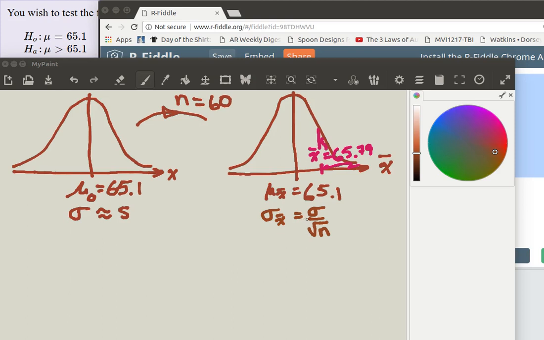Now, our problem is that we don't know what the standard deviation of the population is, so we're going to have to approximate this value by using the standard deviation of our sample divided by the square root of n. Because we're doing that, we'll need to do a t-test instead of a z-test. So let's build these things over here in R.